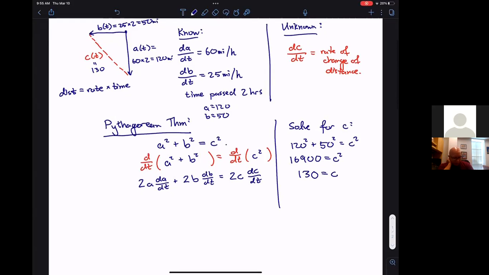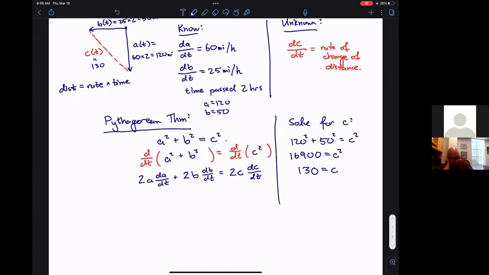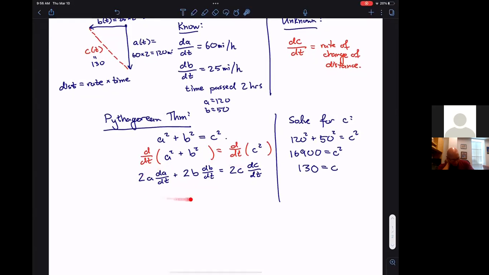So I filled in a few more pieces of data. Now I'm confident I can plug all this into the equation that I've derived, and I think we can start solving.